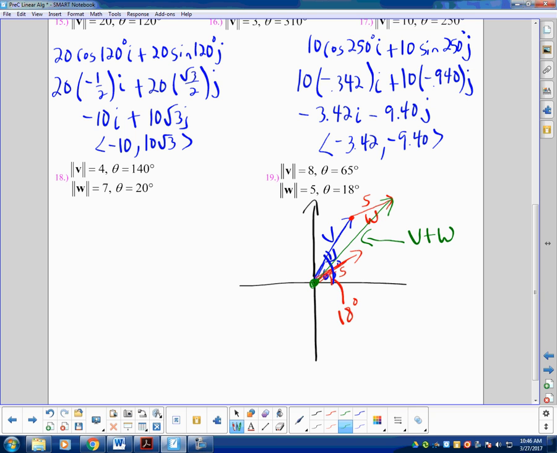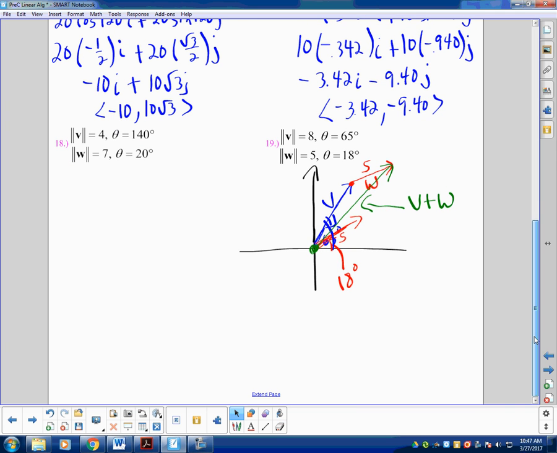If you know v and w, you can find v plus w by just adding each of those. So we're going to go ahead and do that. All right, so v, how do we get v? We've got 8 cosine of 65 degrees i, plus 8 sine 65 degrees j. You see where I'm getting that from?